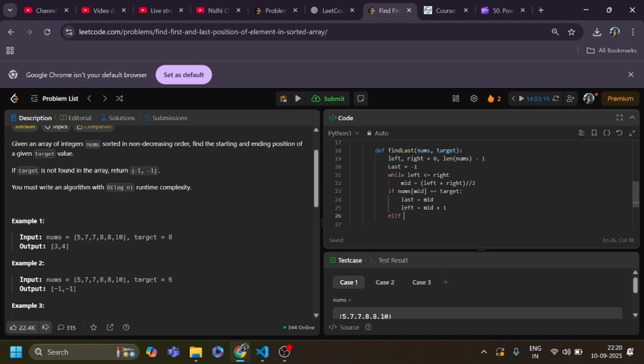Elif numbers of mid is less than the target, then left equals mid plus 1.